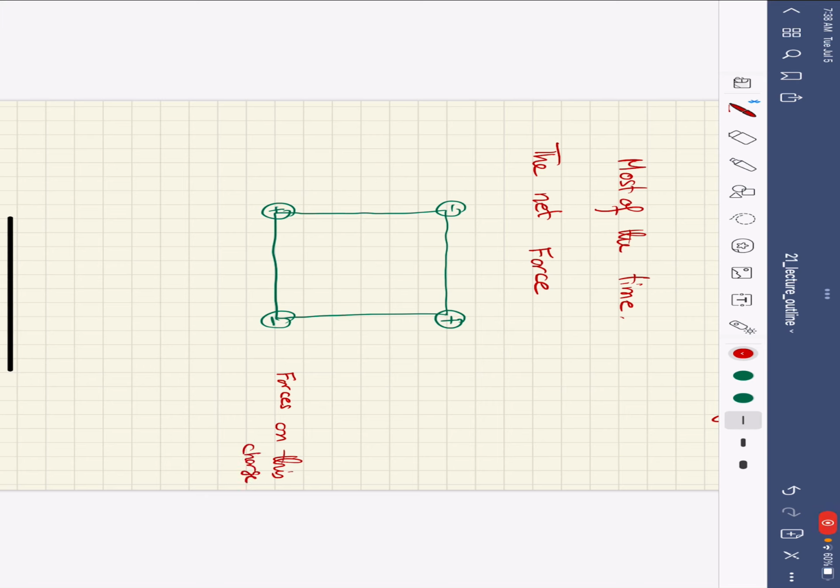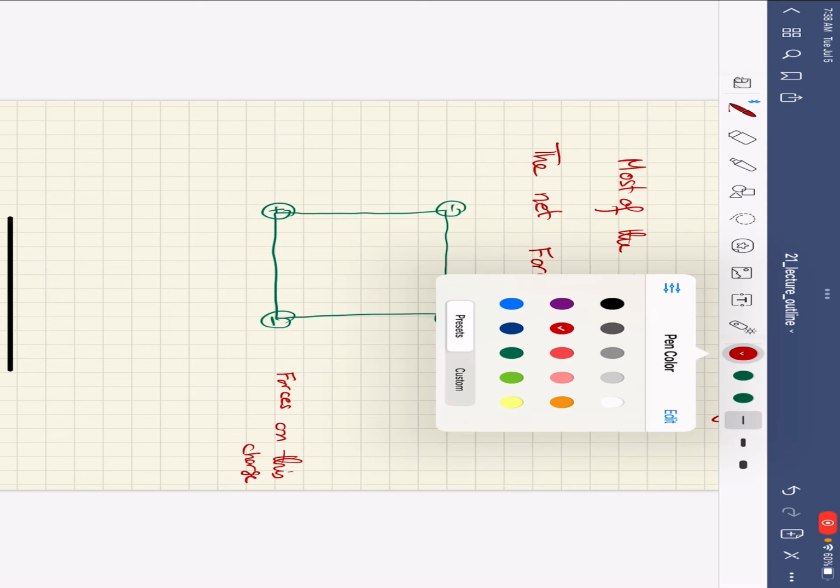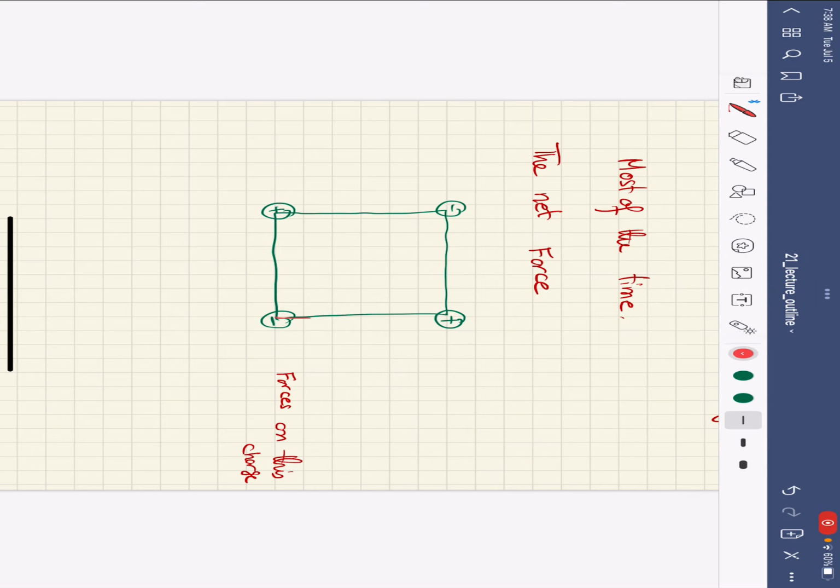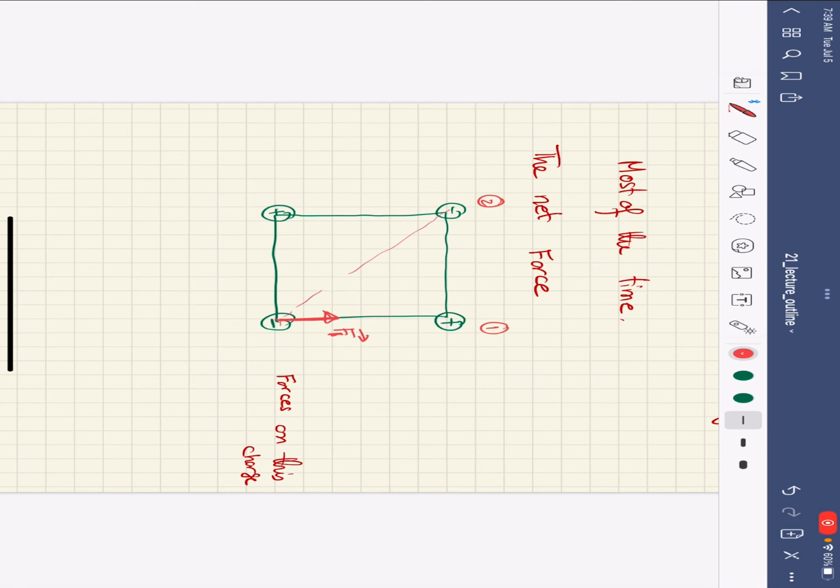And here you are going to put yourself in the place of this charge, and you are going to say, okay, I'm going to feel attraction from this one, then F1. Okay, then I'm attracted to 1. I am also repelled by the second. Then there is this line connecting them. Then this is F2, and of course based on the magnitudes, these vectors are going to be different.